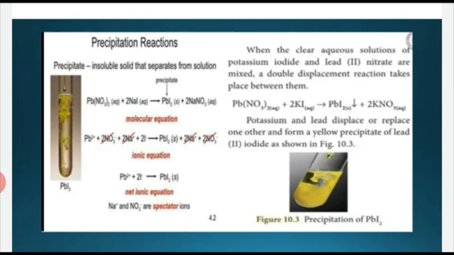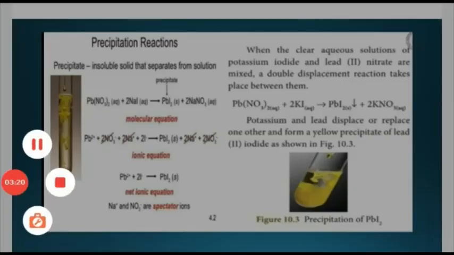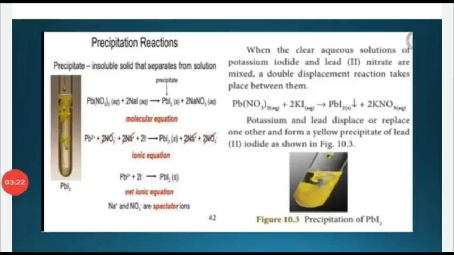When aqueous solutions of two compounds are mixed, they react to form an insoluble compound and a soluble compound. Then it is called a precipitation reaction. So precipitate means an insoluble solid that separates from a solution.